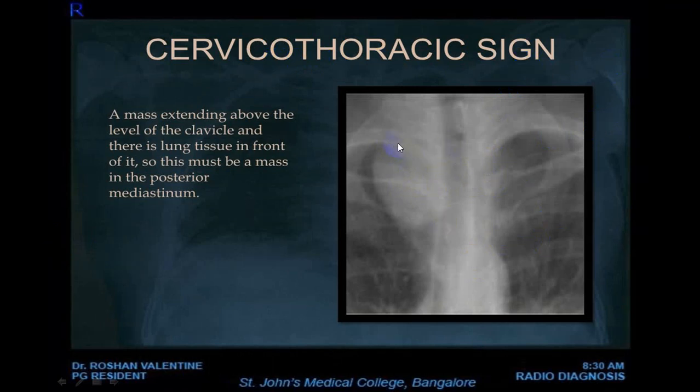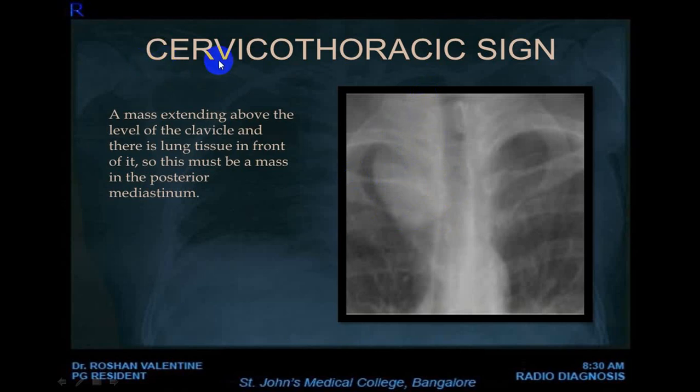So, if you see there is an opaque shadow here and this is close to the mediastinum and it is extending above the clavicle, this is the clavicle, it is above the clavicle level, and when it is extending above the level of the clavicle, it has to be extending into the upper part, that is the neck.